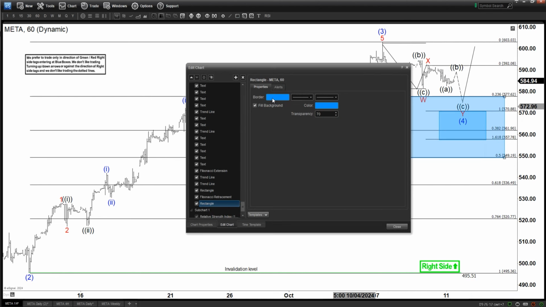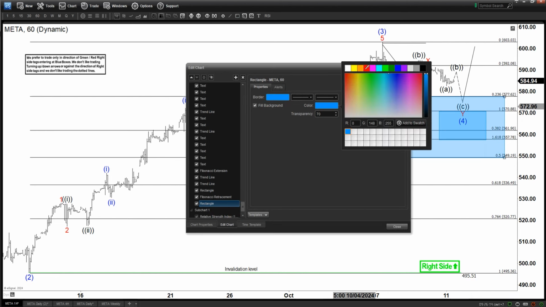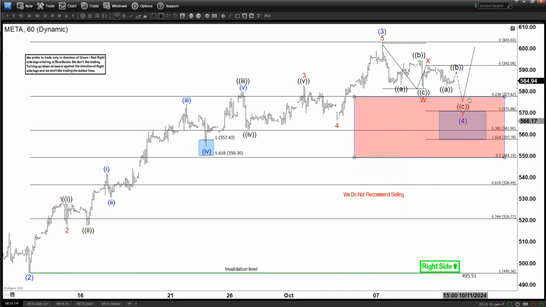So let me make it in a little bit different color, let's say red. What I'm trying to show here is that this WXY 100% extension area, which is the blue box, overlaps with this red box, which uses the retracement principle, right?